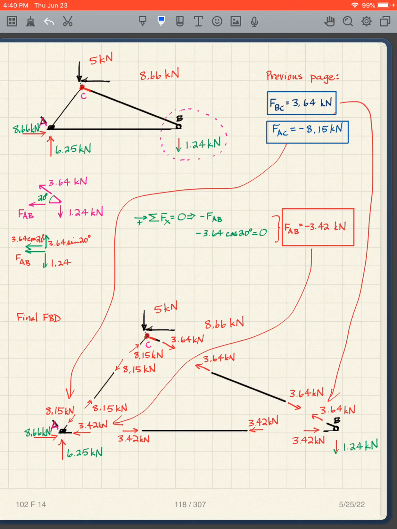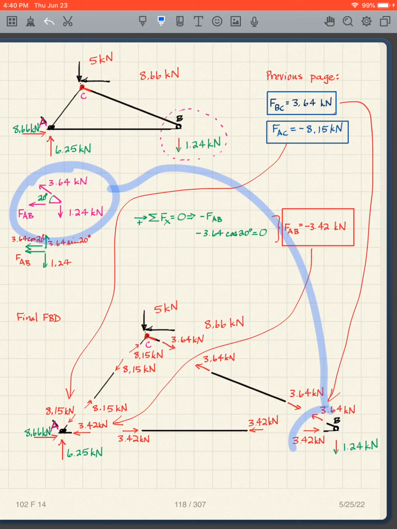Then to get everything right, I'm going to draw this free body diagram then goes over here. And the free body diagram on the previous page goes here. And once I have that, I can get all of the rest.